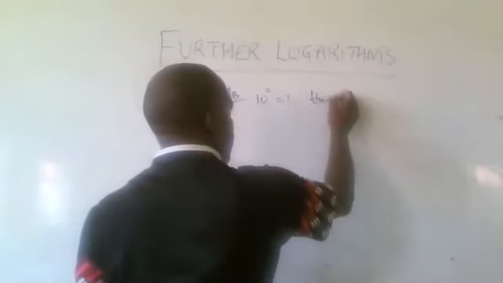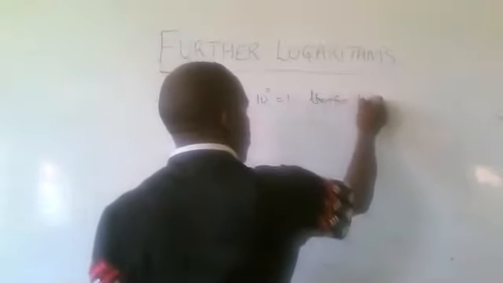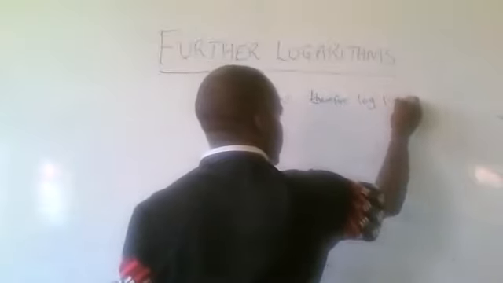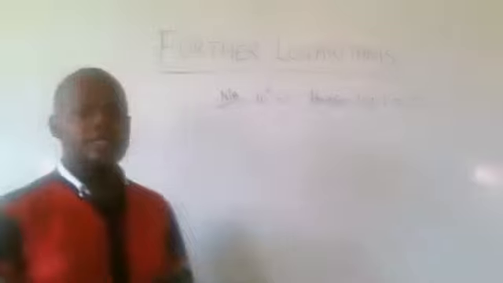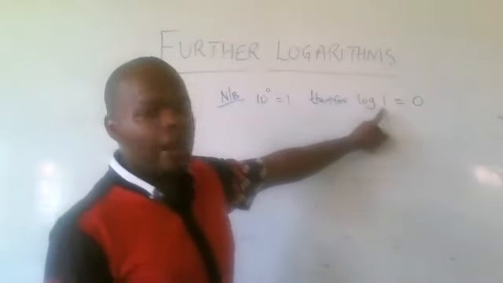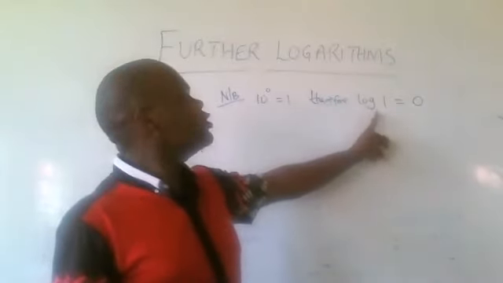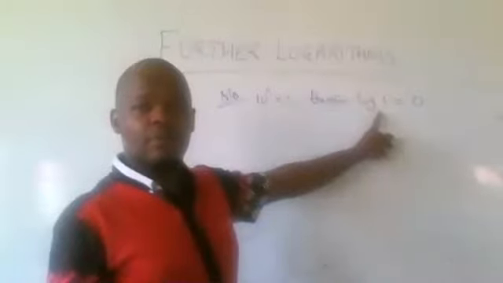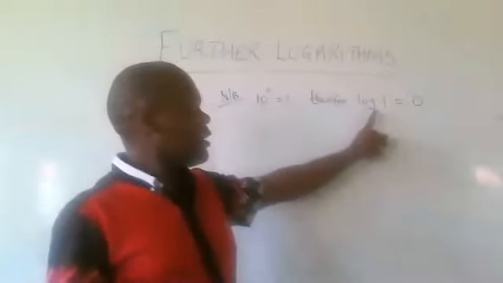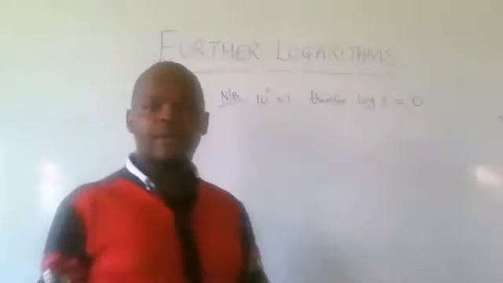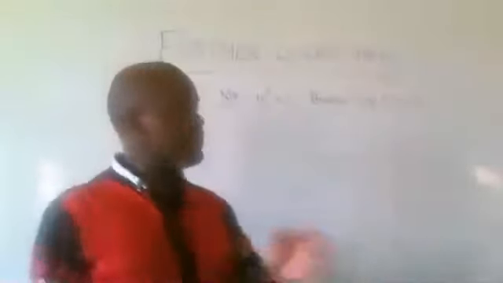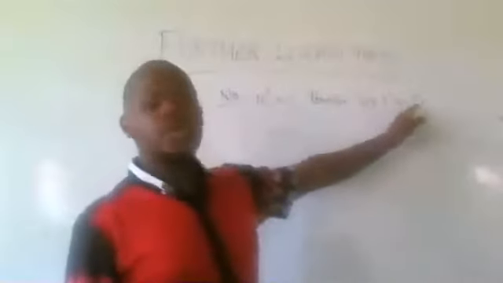Therefore, log 1 is 0. Why am I saying log 1 is 0? Because if I write here log 1, it means it is to base 10. For log 1, you don't have to write base 10. Sometimes they write base 10 or you can leave it. So log 1 is 0.